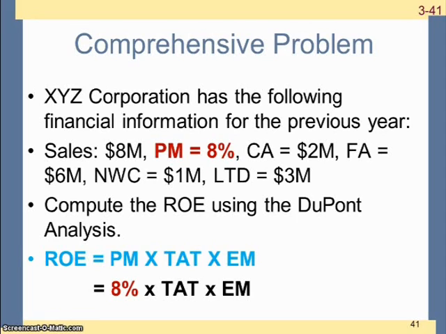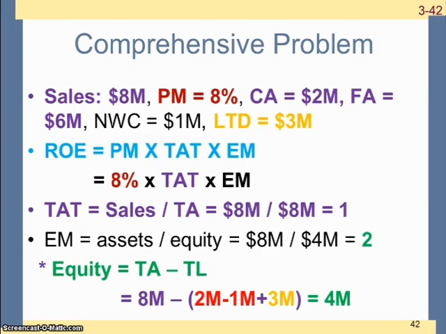Now, profit margin is given to you in the question, 8%. So we substitute. Now, your job is to look for TAT, total asset turnover. Now, how to get TAT? TAT is sales divided by total asset. Sales is given to you, 8 million, and total asset is also given to you.